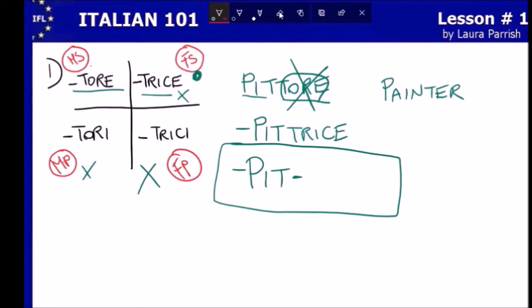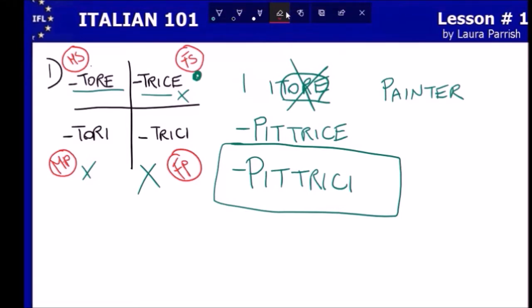Let's say that we want to say actresses, cioè plural female, okay? So which one? Feminine plural we're gonna use. And we just add it here to the stem. That's it. And voilà, pittrici. So this is just a little exception.